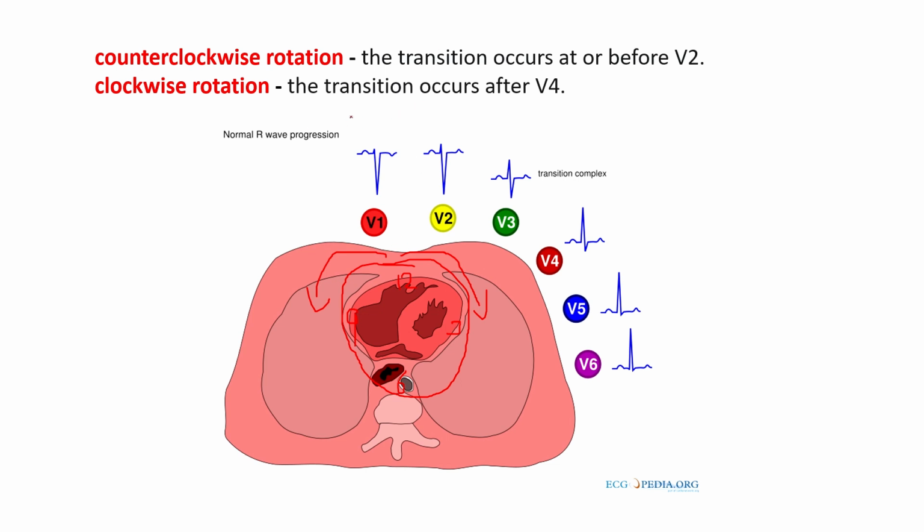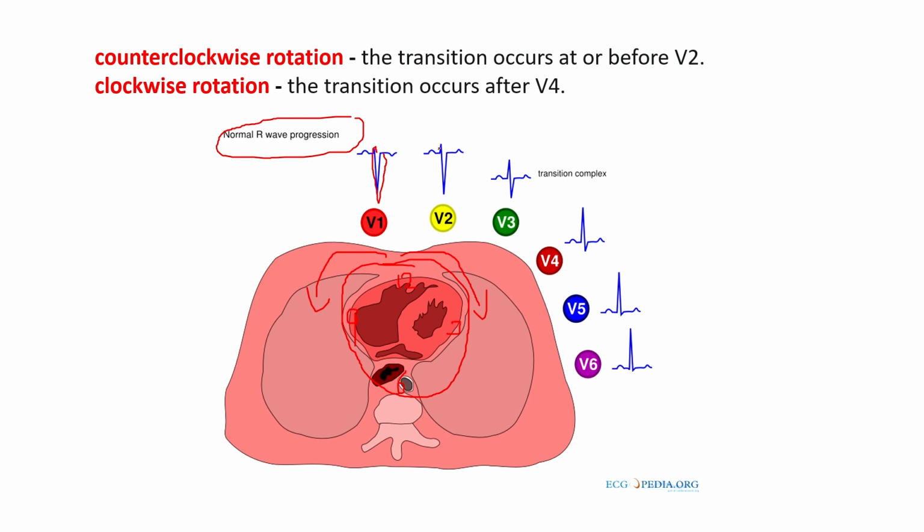We have something called R wave progression. If we take the chest leads V1 to V6, normally the R wave should progress slowly and progressively. In other words, in V1, the S wave is way deeper and larger than the small positive R wave we have here.